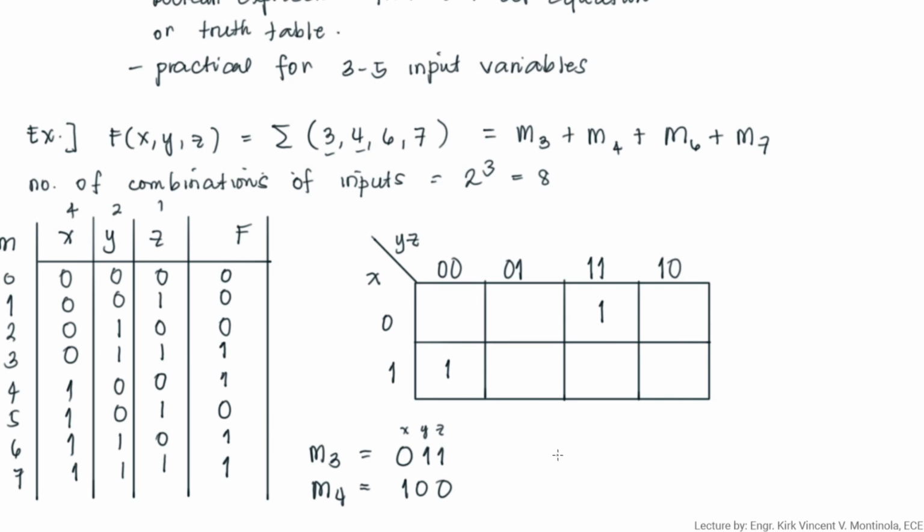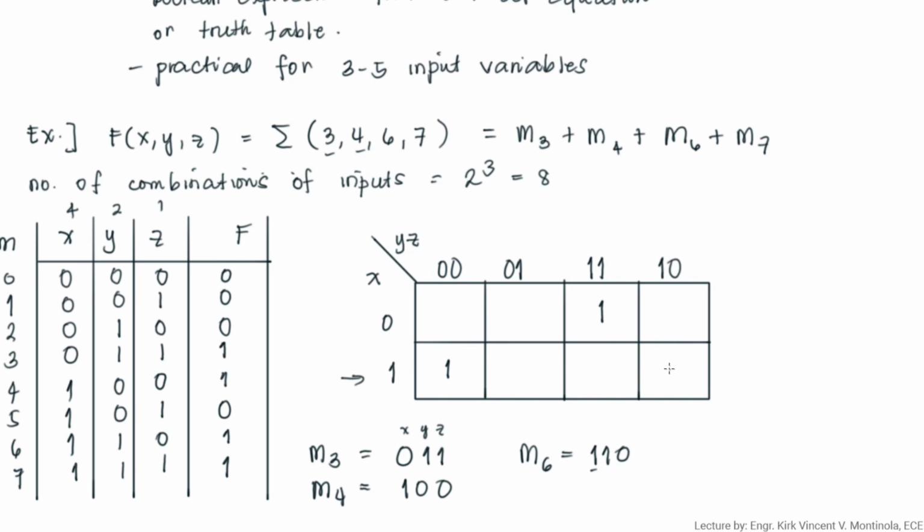Okay, next would be your M6. So what is the combination of M6? We have the 1, 1, 0. So we locate first X equals to 1. Here it is. And 1, 0 for the YZ. Since YZ, this is the 1, 0 YZ.